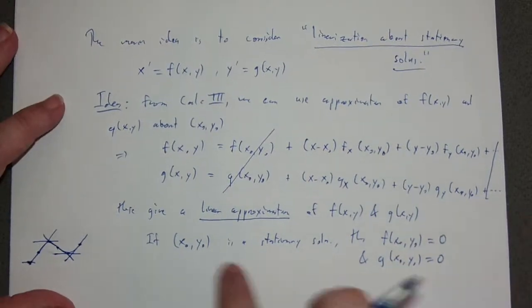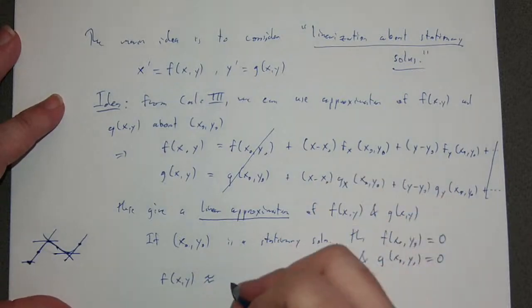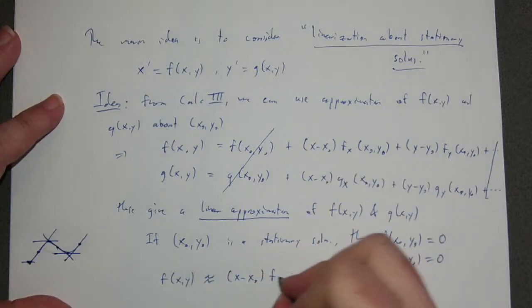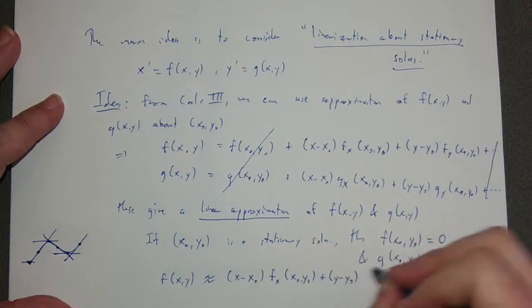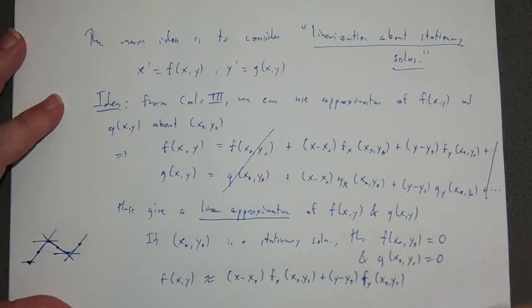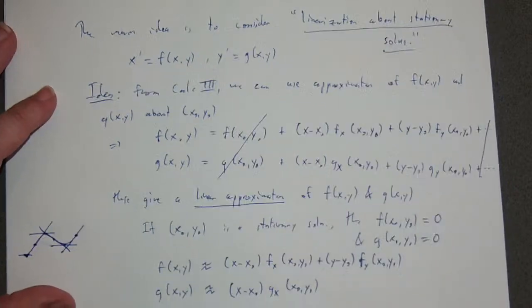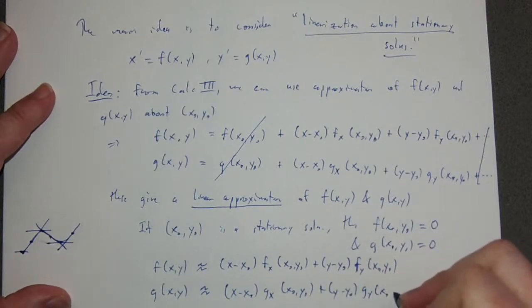And so what I get here is that f of x, y near a stationary solution is approximately x minus x naught times the x partial of f at x naught, y naught, plus y minus y naught times the y partial of f at x naught, y naught, and g of x, y is approximately x minus x naught times the x partial of g at x naught, y naught, plus y minus y naught times the y partial of g at x naught, y naught.